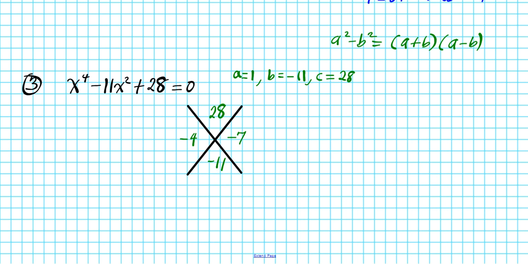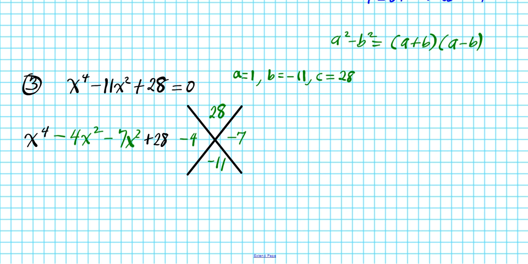So that's perfect. Now we're going to rewrite this quartic trinomial in the following fashion. x to the fourth minus 4x squared minus 7x squared plus 28.